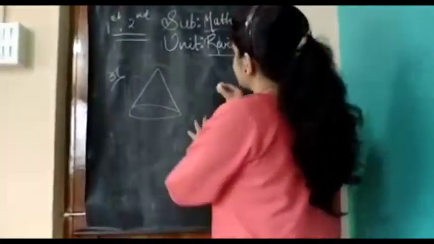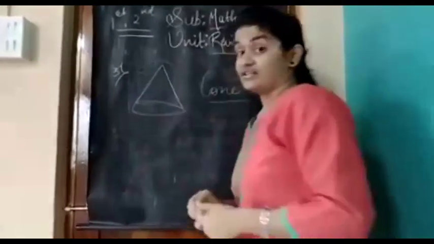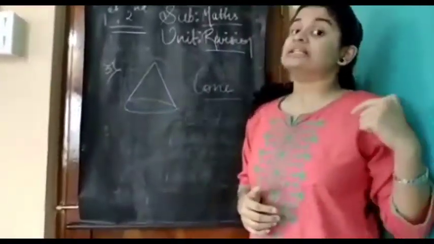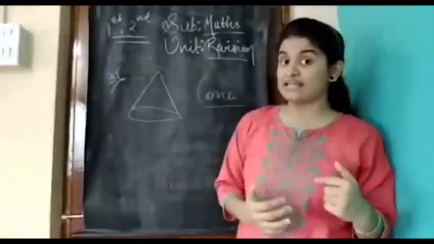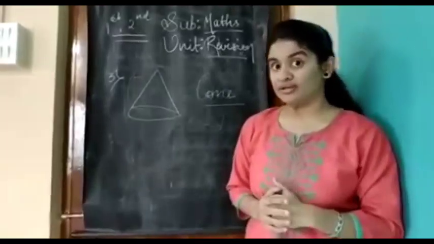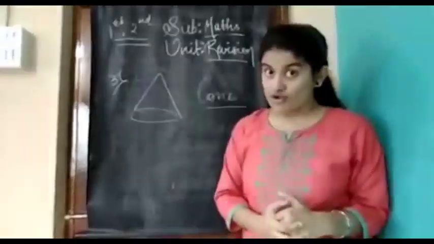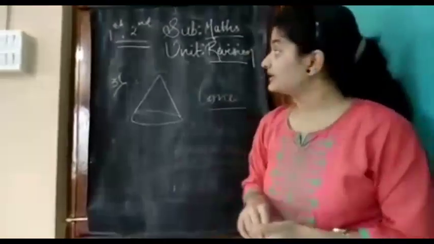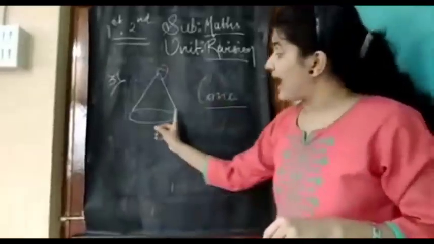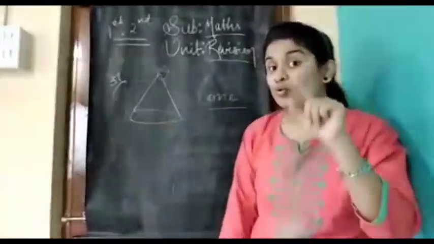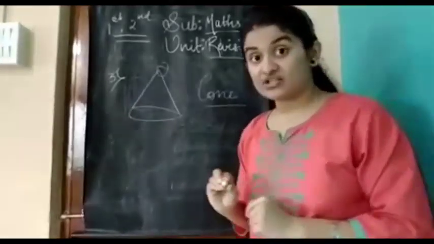We will write here its spelling. You must have seen in the last lecture what we mean by cone, right? So this is a picture of a cone. A cone has one corner, that is this. This is corner. And a cone has only one edge. This is one edge. Understood?